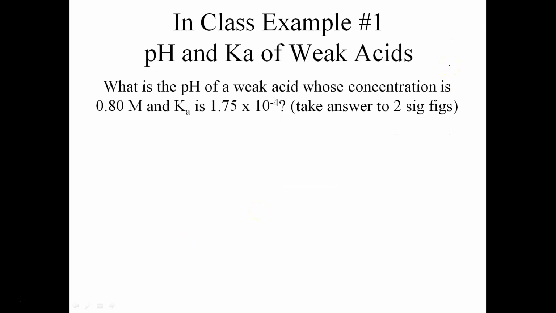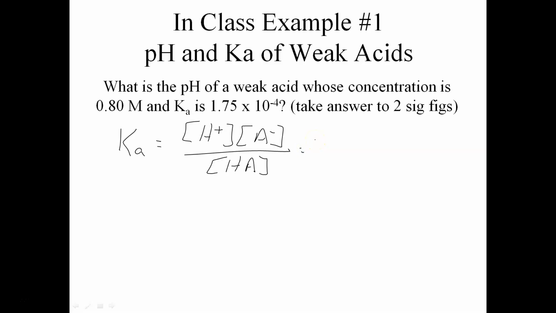Okay, so let's set up my Ka expression here for the problem, and we'll pick up where we left off on the previous slide. So Ka is equal to my concentration of H plus times A minus over concentration of HA. And let's plug our values in that we know here.